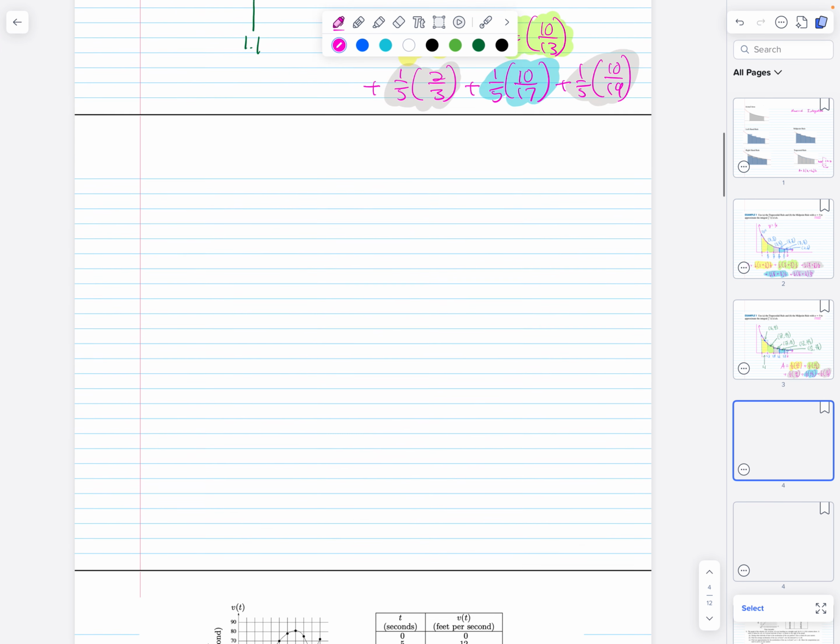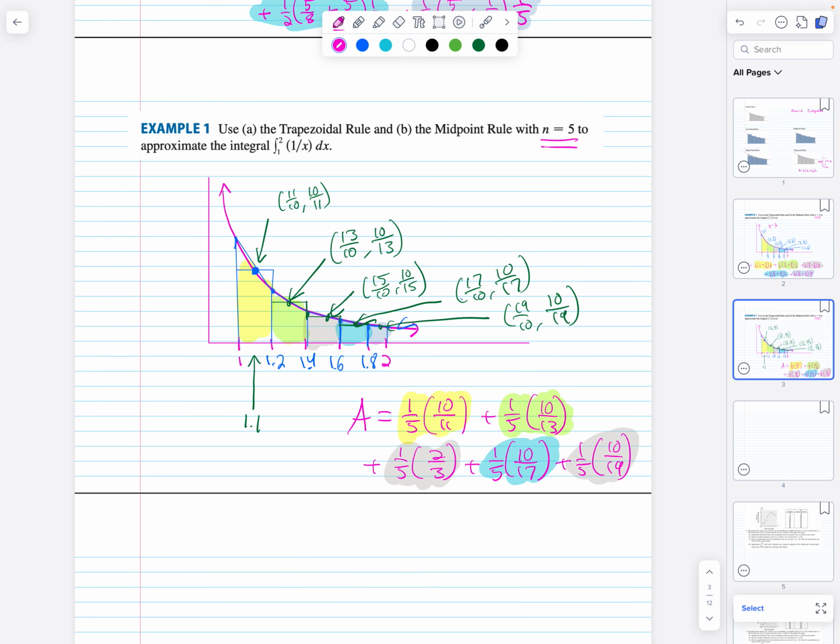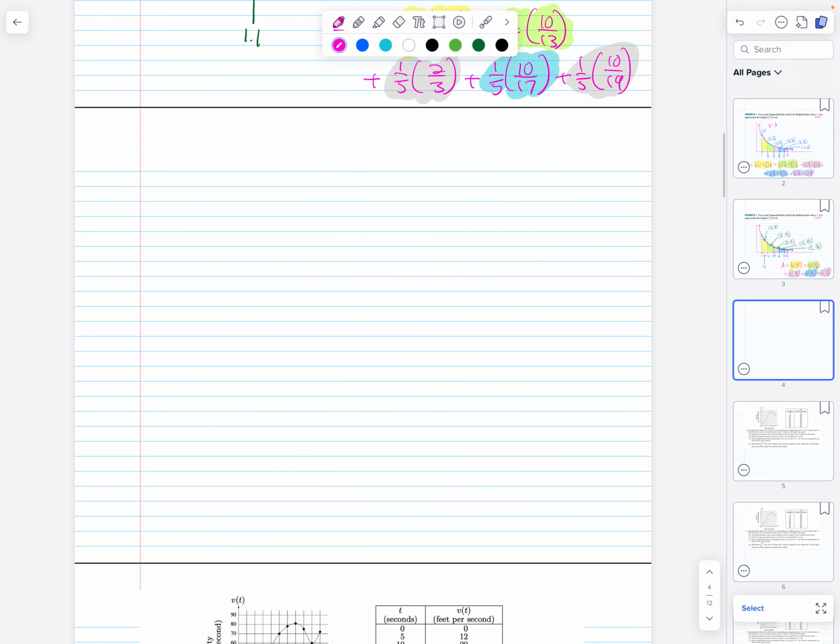The question was not find the actual area, definitely not find the exact area, because, as you guys should know, the integral of 1 over x dx is the natural log of the absolute value of x plus c, which means the area between 1 over x dx and the x-axis is the natural log of x, and according to the fundamental theorem of calculus, we plug in the endpoints of our integral and subtract.